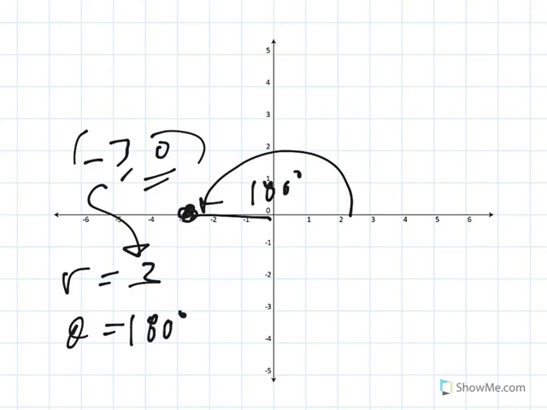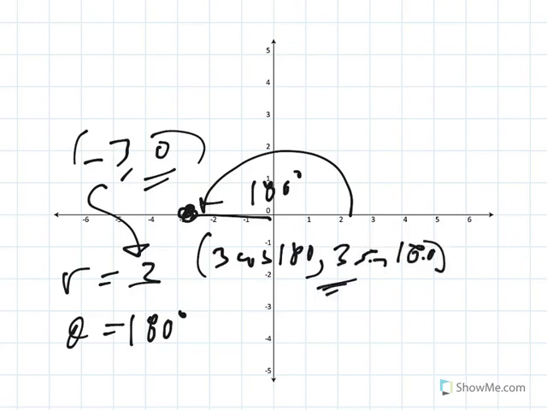It's just going to be 180 degrees. So this negative 3, 0 could be written as 3 cosine 180, comma 3 sine 180. This number will never be negative. If I was down here on the negative y-axis, that's going to end up becoming 4 cosine 270, comma 4 sine 270.